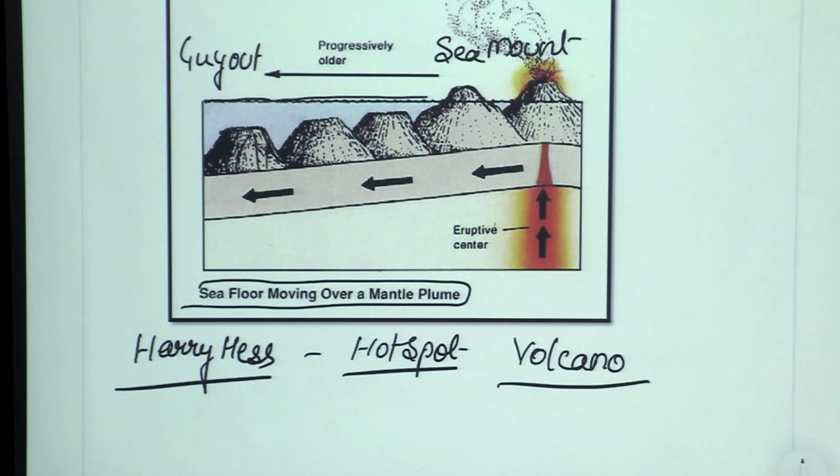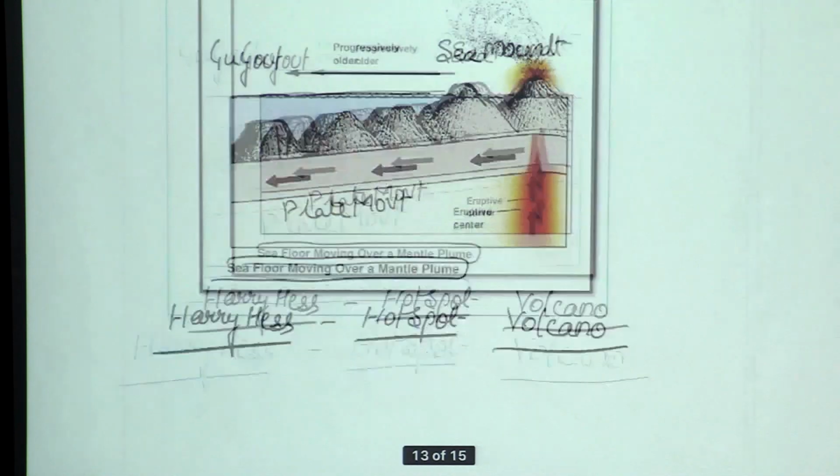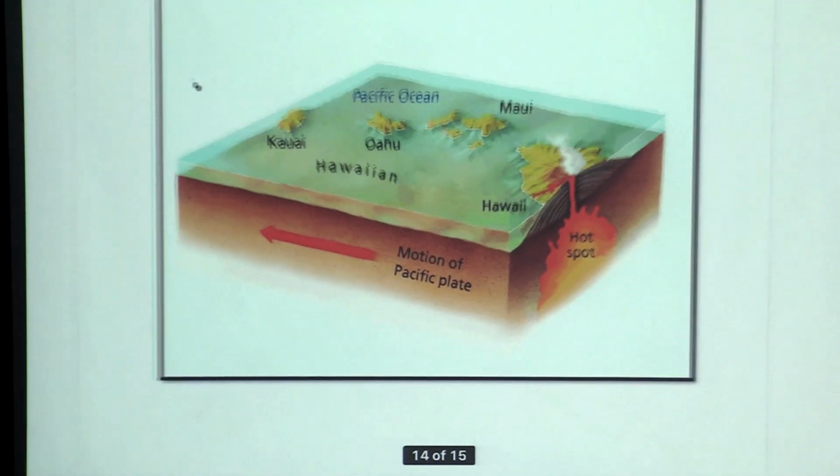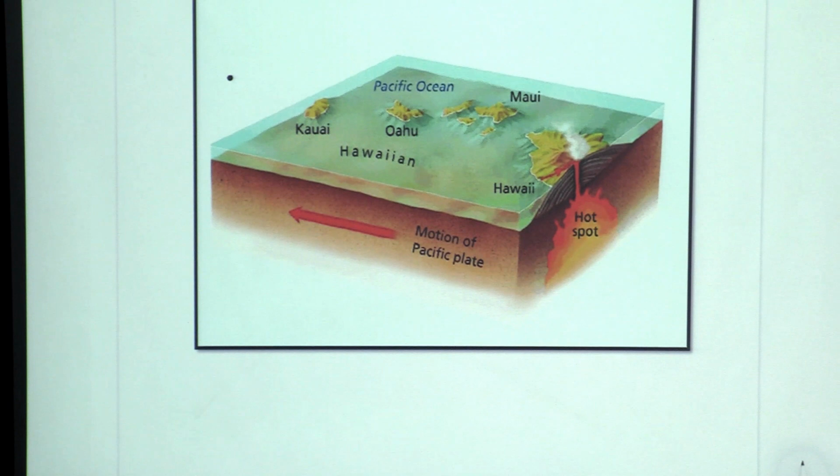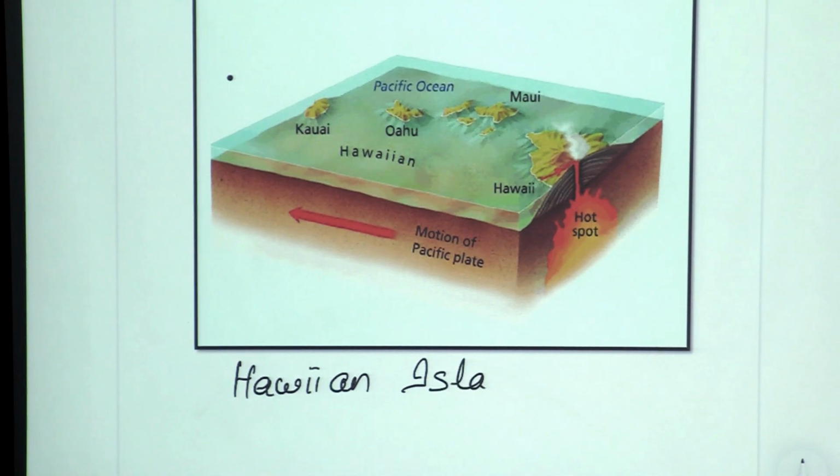When we take the movement of the plate, this is the plate movement shown here over the mantle plume. And the best example for this is actually south of the Hawaiian Islands.